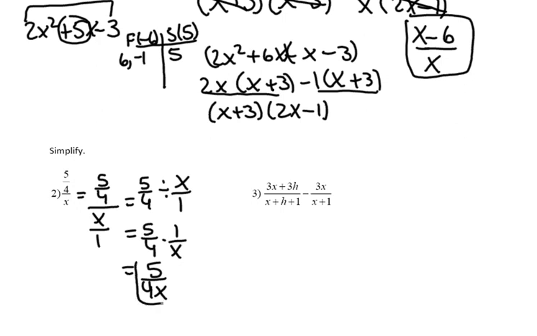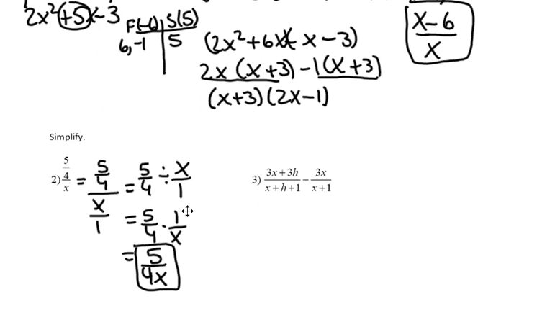The other one I want to do for this particular video is this subtraction problem. Now remember, when you add or subtract fractions, you need a least common denominator. So you need to have common factors. Notice there are no common factors here.